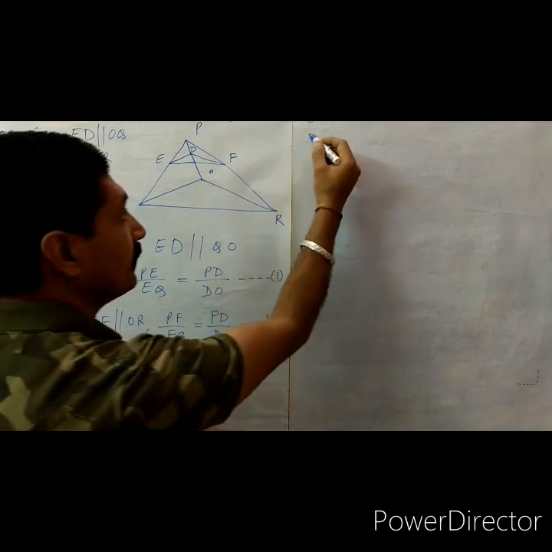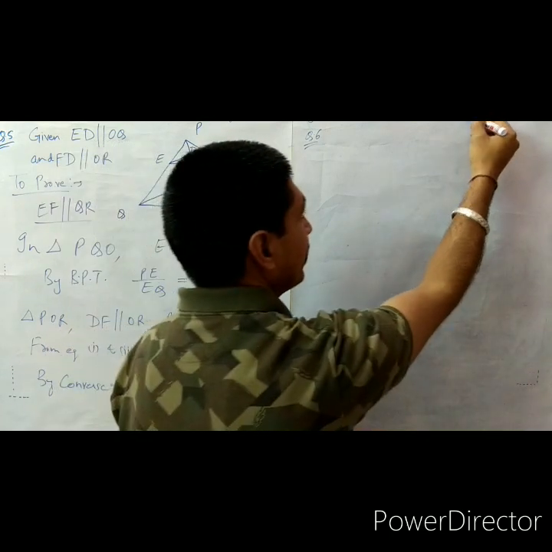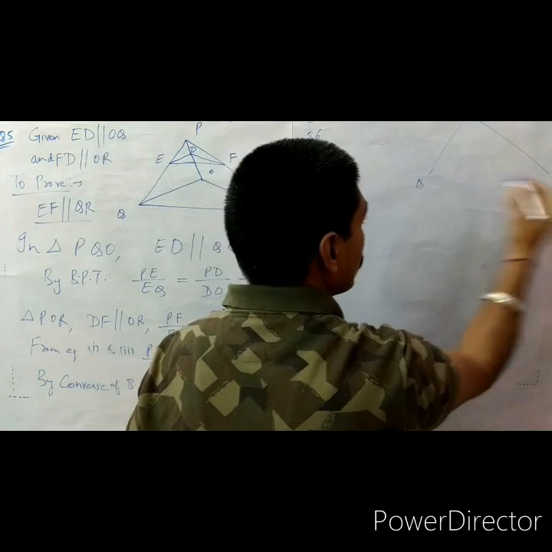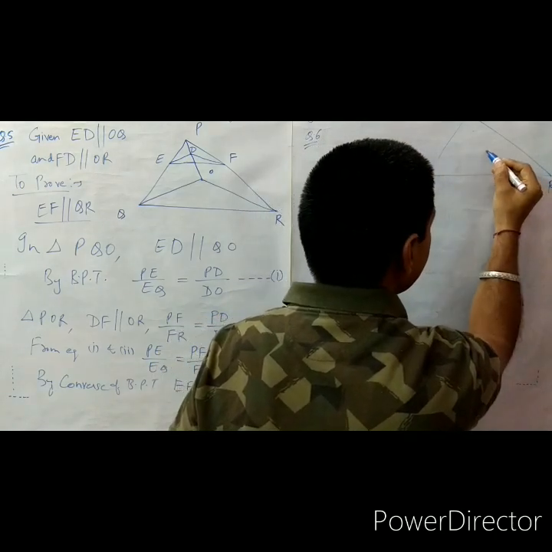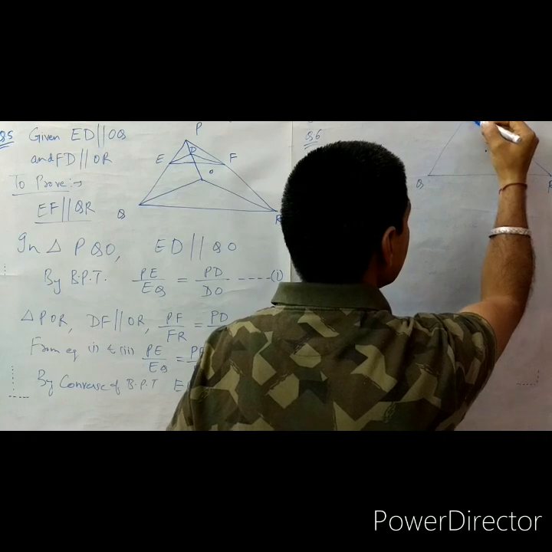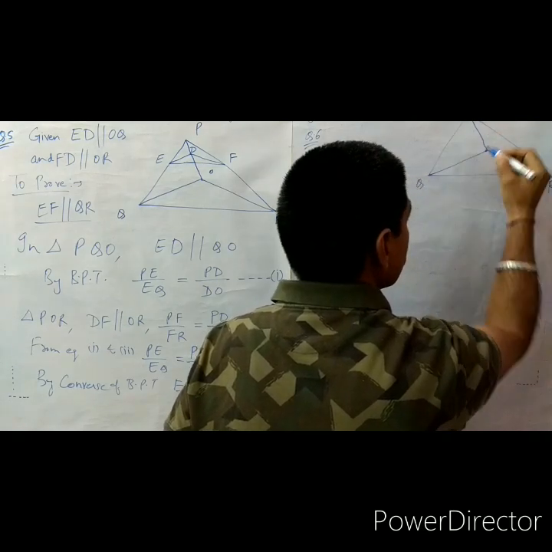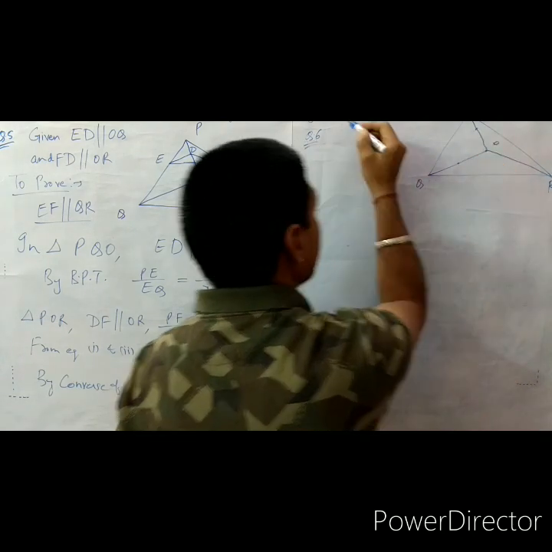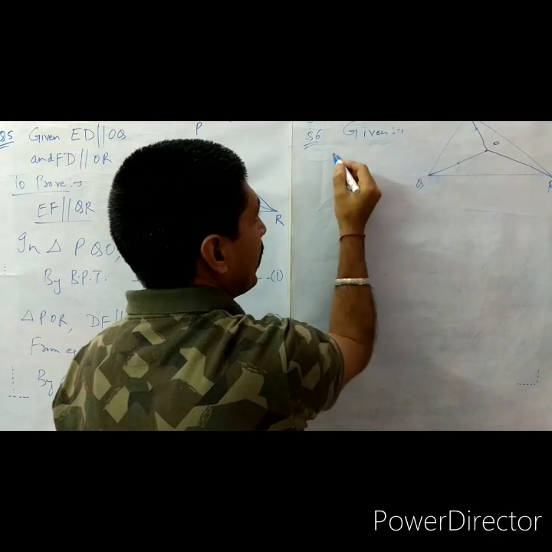Again, a diagram is given. In question number 6, again we have a diagram where PQR is a triangle and O is a point inside.